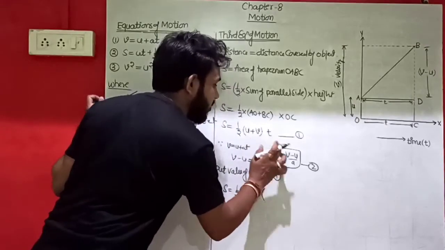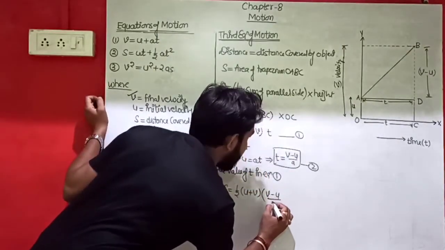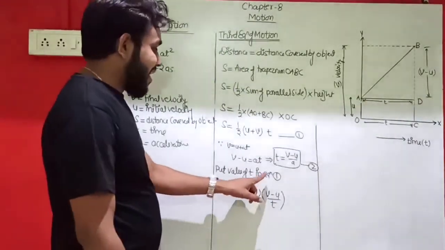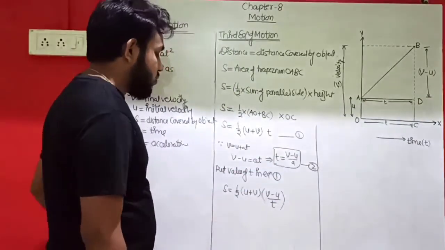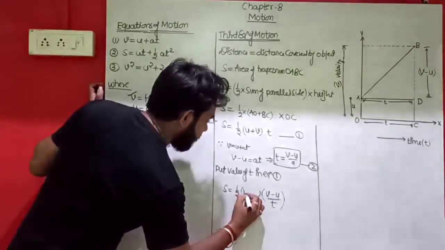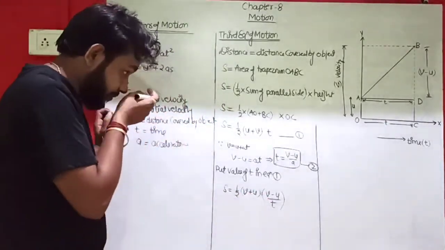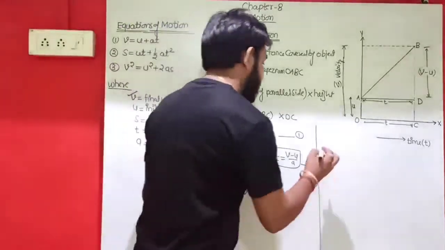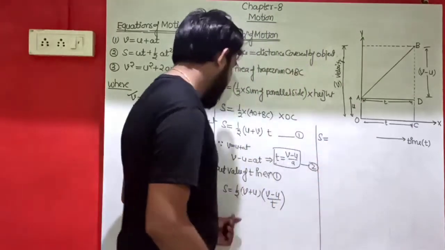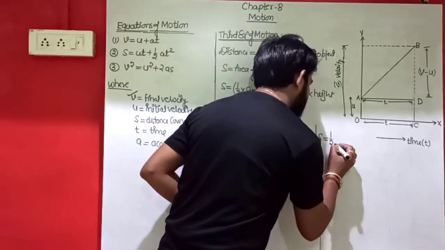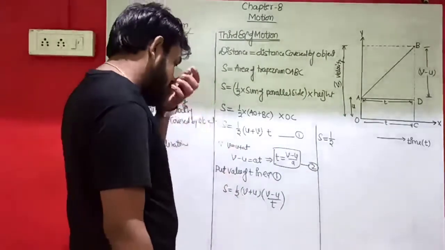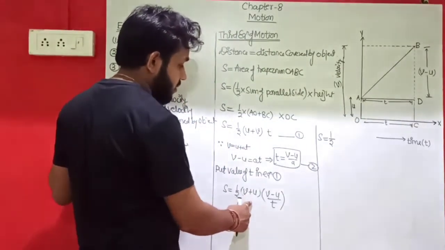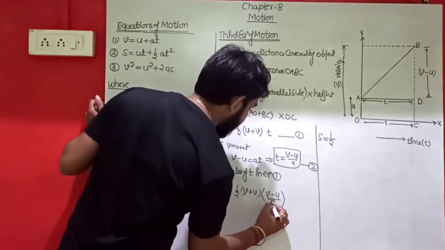So what is this, so student S equal to 1/2 U plus V into what is T, T is the V minus U upon A okay. Now is that clear कि T का वैल्यू हमने पुट कर दी इक्वेशन नंबर 1 में. स्टूडेंट आप इसको हम इस तरीके से लिख सकते हैं V plus U okay. Now so A plus B and A minus B. So now next S equal to 1/2 okay A, sorry here A okay fine.